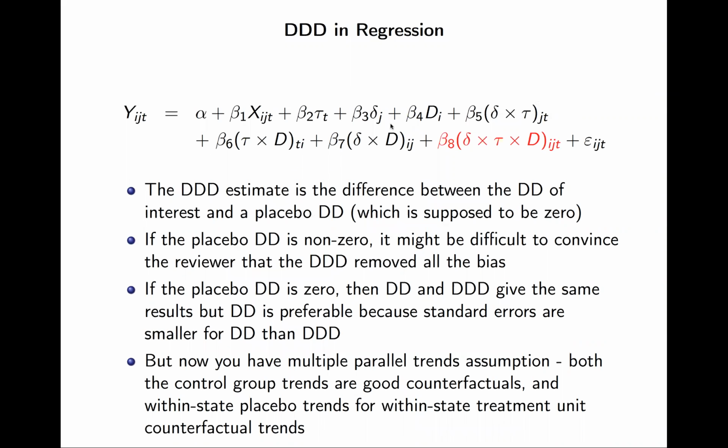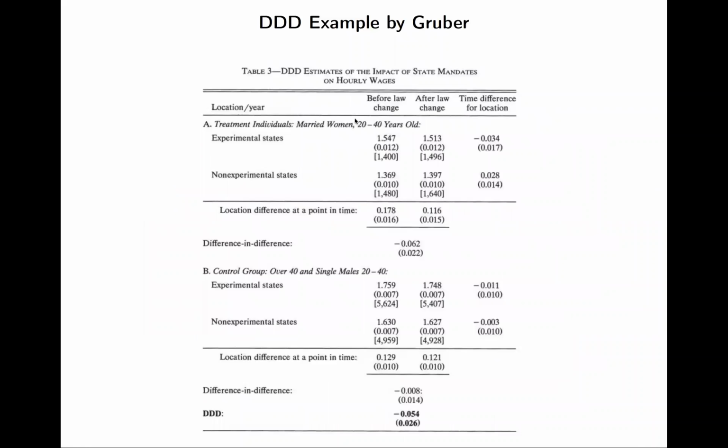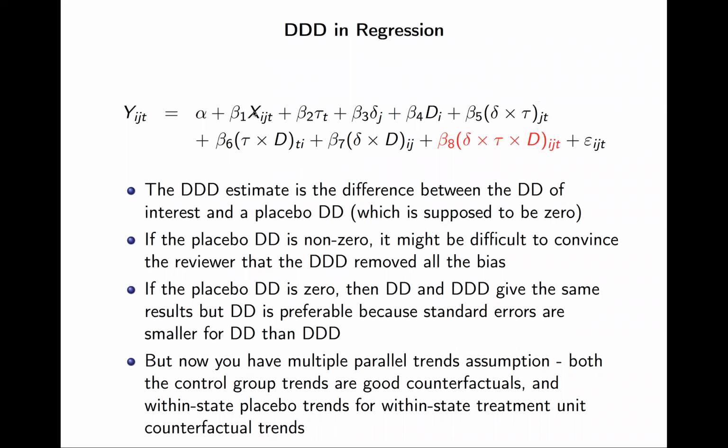Now, I put all of the interactions in here, but one of them is going to drop out. So you're going to have a post dummy, a group dummy, so that would be the treatment individuals, and a state dummy measuring the treatment groups that are going to be treated. Then what we've got is delta times t, and that gives us the group J interacted with a time trend.